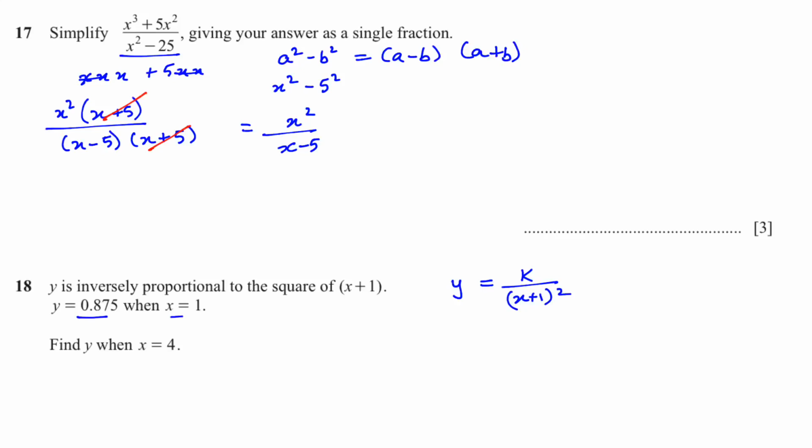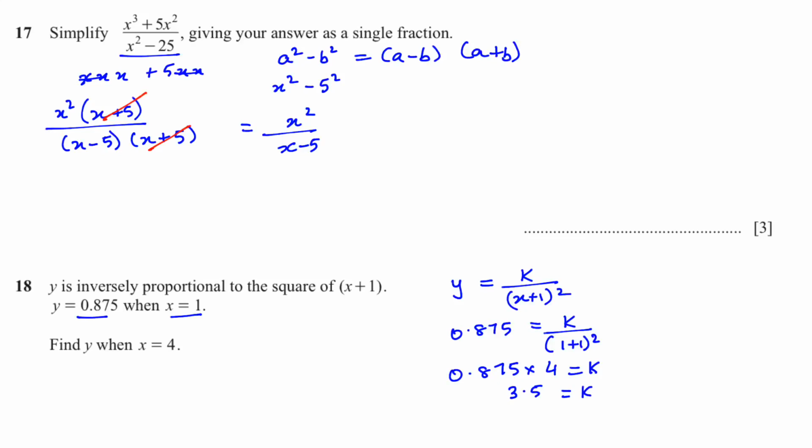Now we are going to replace this here. 0.875 is equal to k over 1 plus 1 square. This number will multiply here, so 0.875 multiplied by 2 square will give us 3.5. That is our k.